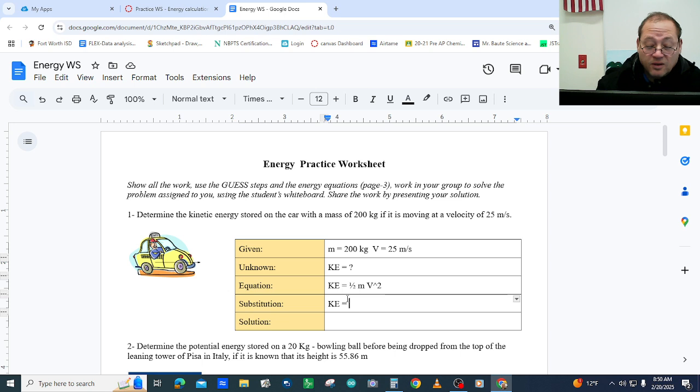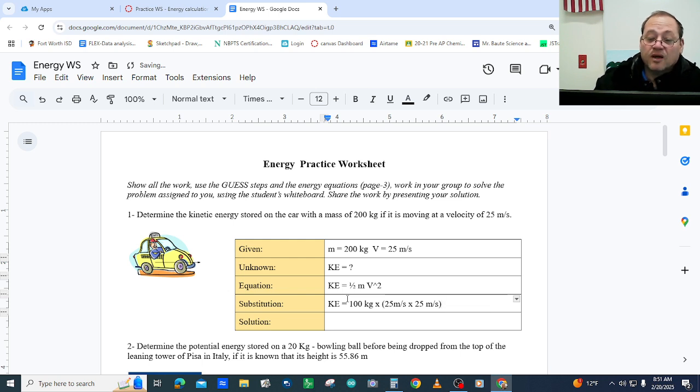Half of 200 is 100. 100 kilograms times parenthesis 25 squared, which is the same as 25 times 25, and that will be meters per second times meters per second, because you multiply both, right? Okay, let's put it the right way. It's going to be 25 meters per second times 25 meters per second.